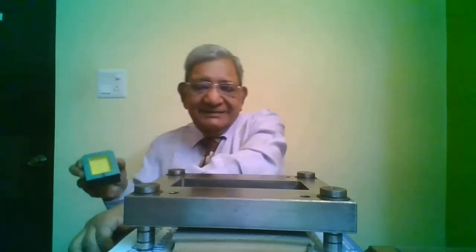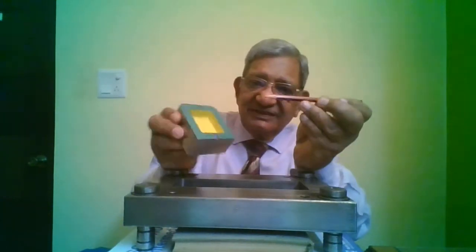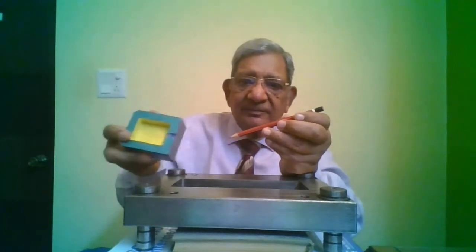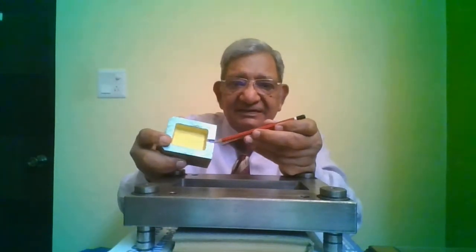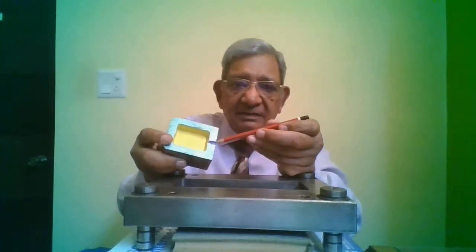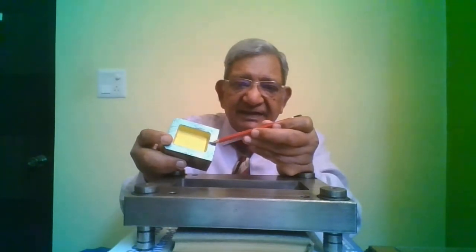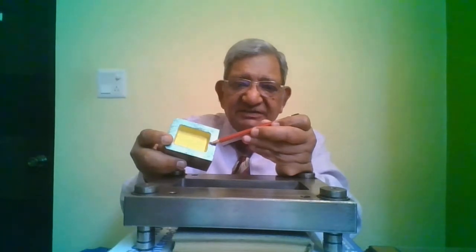Now here you can see it contains the runner channel. You can see that this is the runner, this is the runner channel, and at the end here a very small passage which is known as the gate.